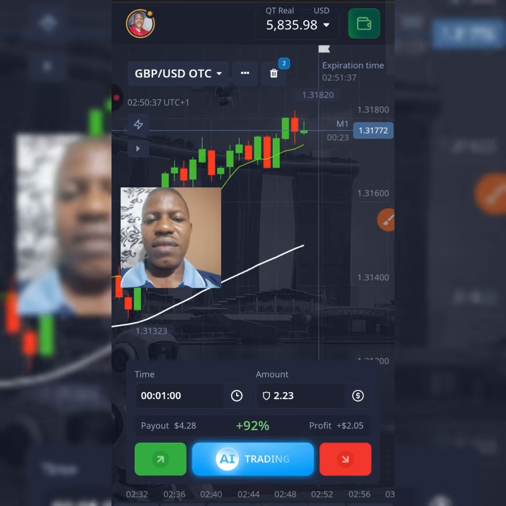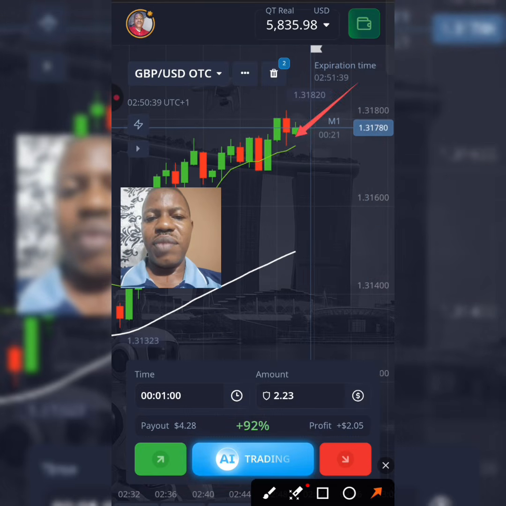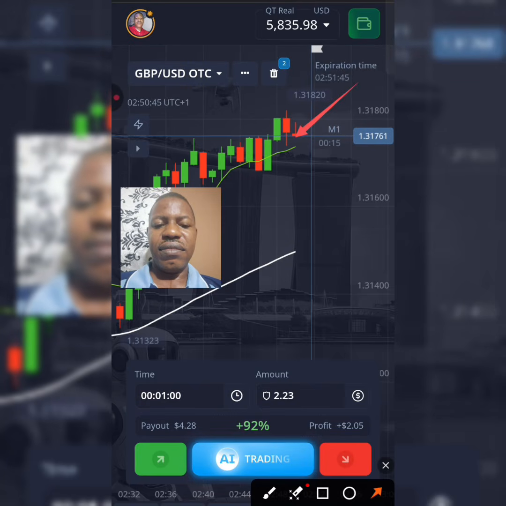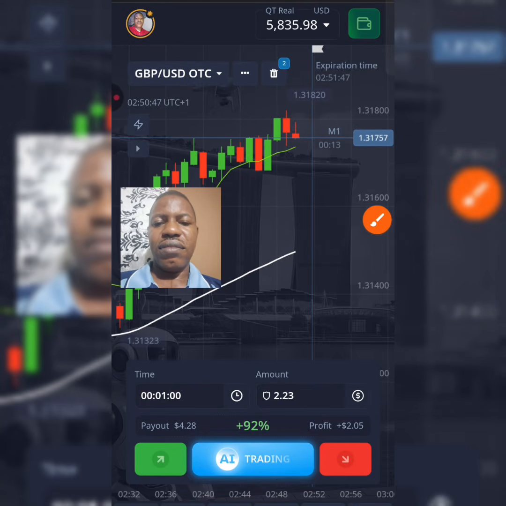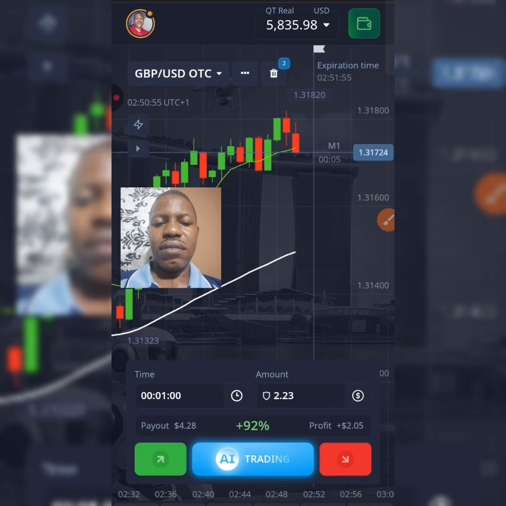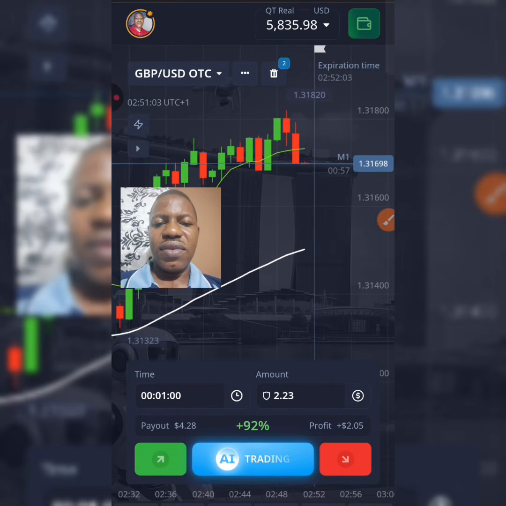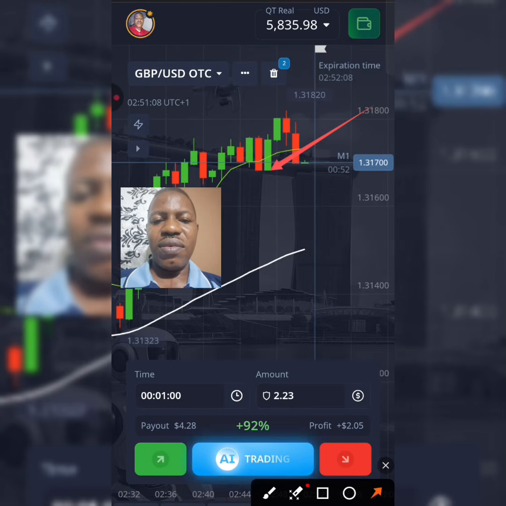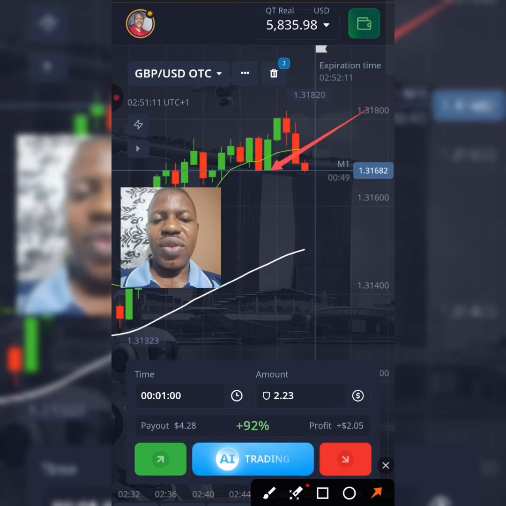Okay, I will take this. If this should be a green, I'll take the next candle as green. From the look of things, you can see the candle is gradually going below the green line, which is signifying a reversal in the market.